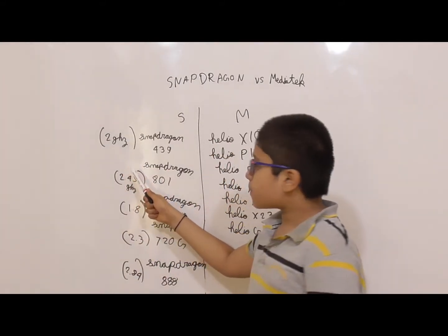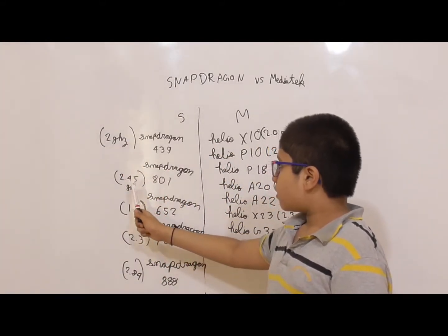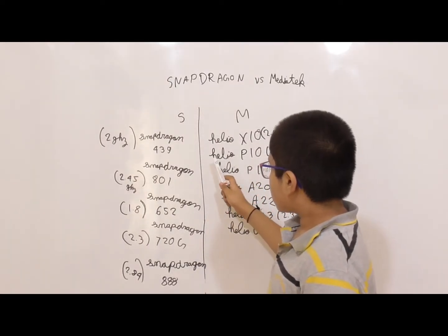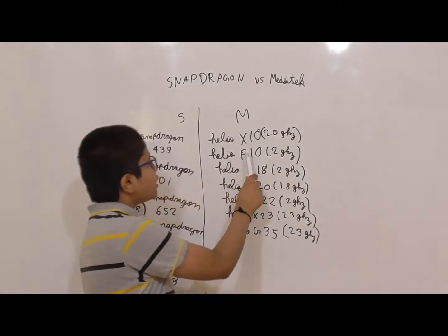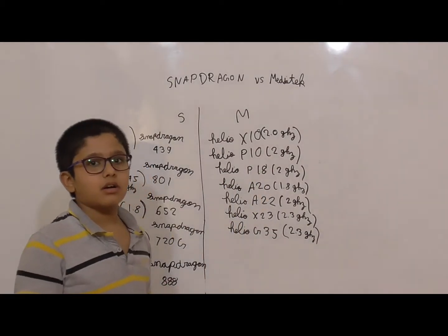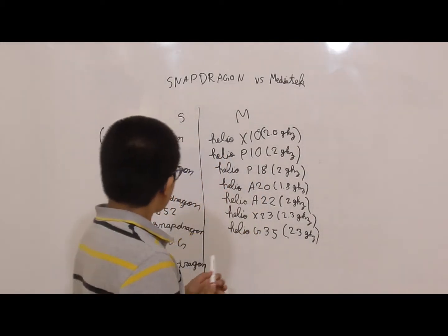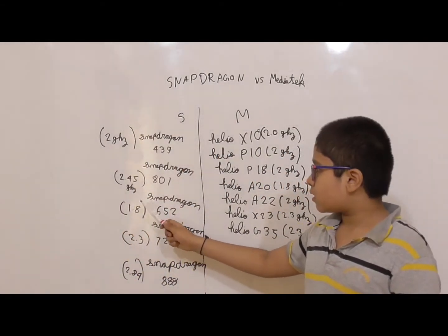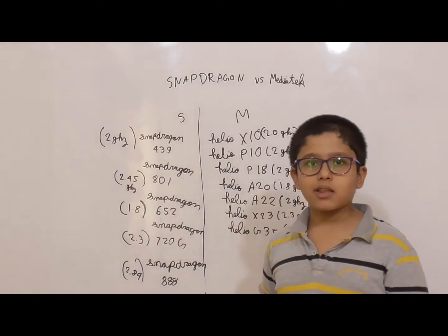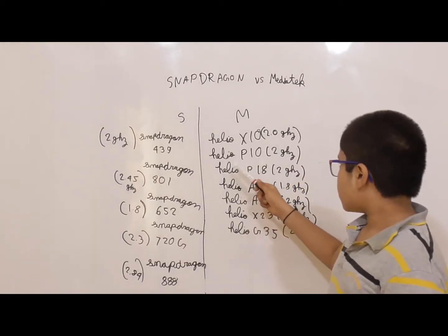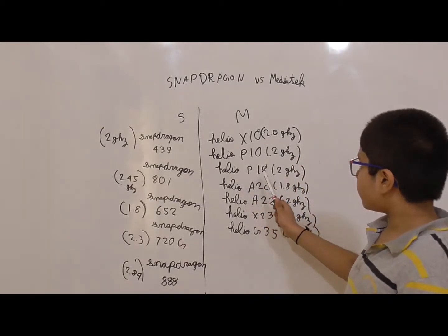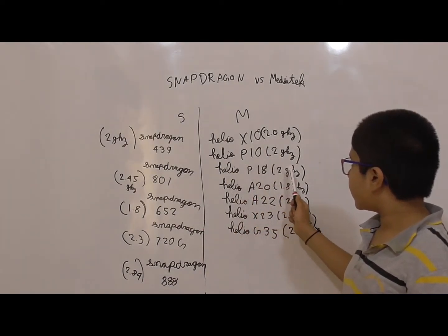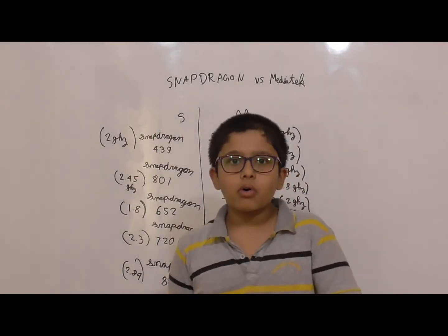Now the Snapdragon 801 has 2.45 GHz speed, while the second processor of Mediatek, Helio P10, still has 2 GHz. Snapdragon 652 here, as you can see, has a speed of 1.80 GHz, while Helio P18 is still 2 GHz.